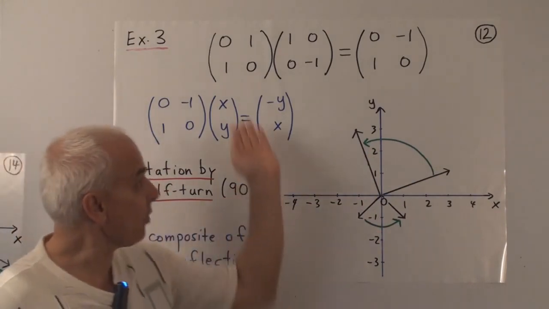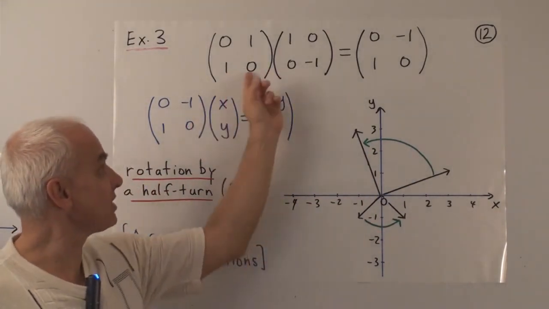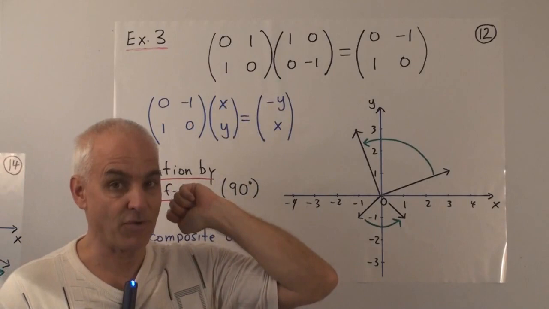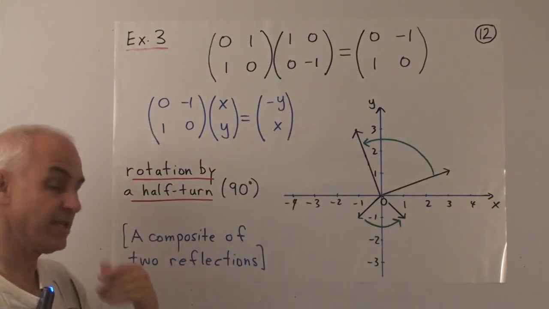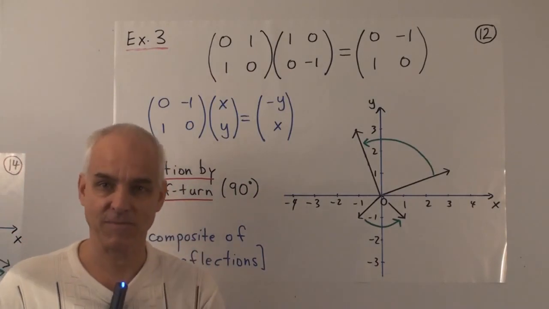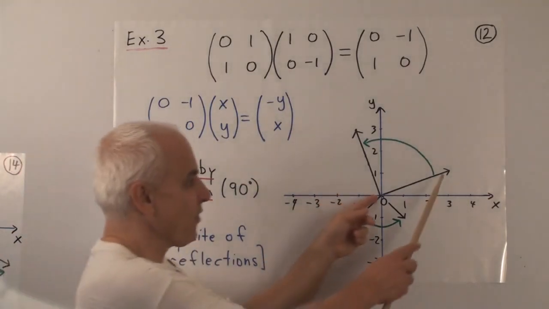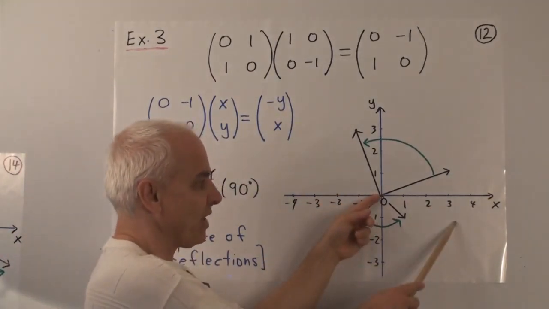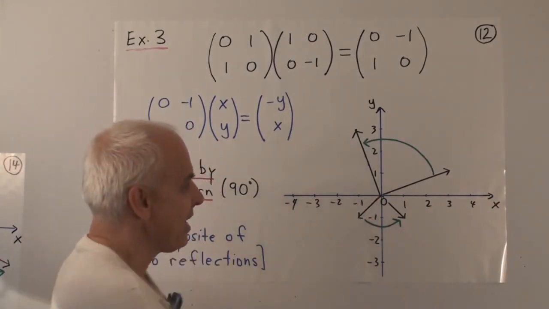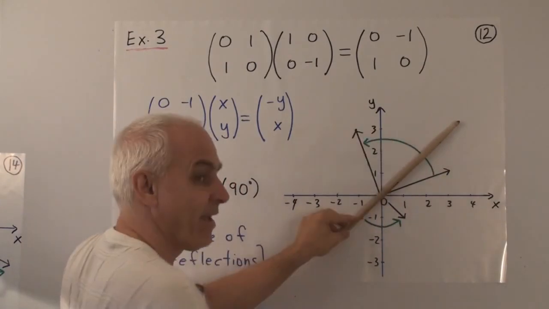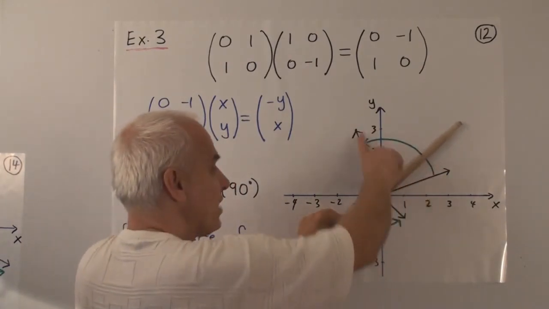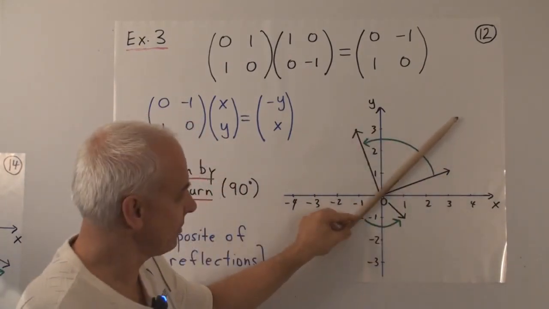And what we've seen here when we computed this matrix by a product of those two matrices is geometrically that this rotation is the product of two reflections. If you first reflect this vector in the x-axis and then you reflect it in the line y equals x, that's the same as just rotating it by 90 degrees.